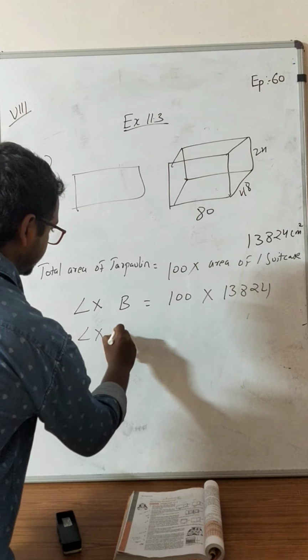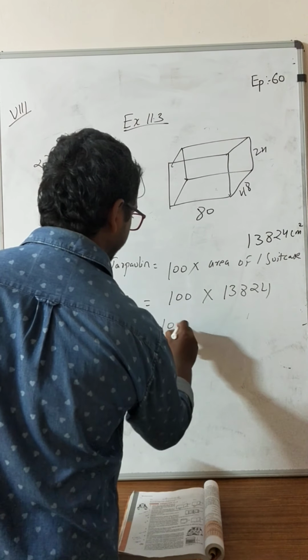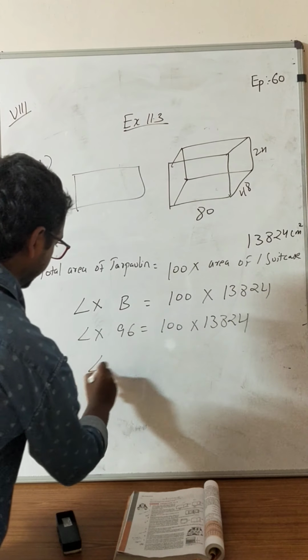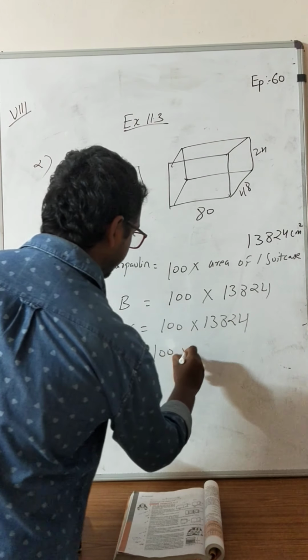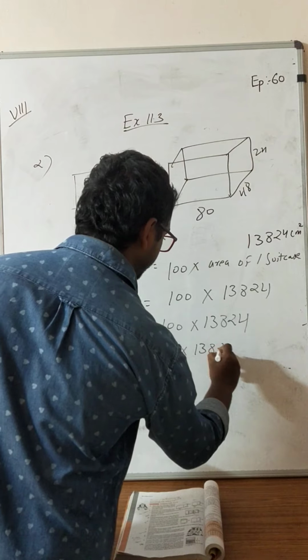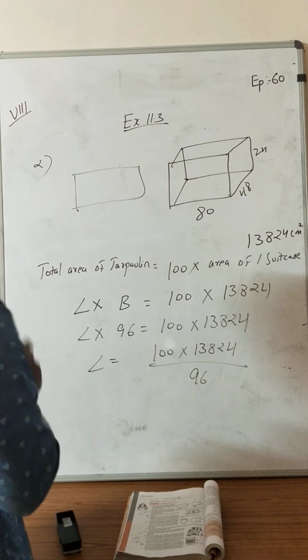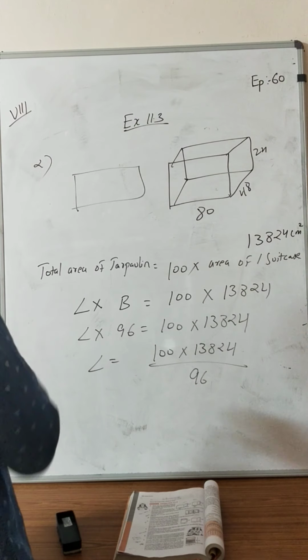Length into 96 is equal to 100 into 13824. Here we will get length is equal to 100 into 13824 divided by 96.